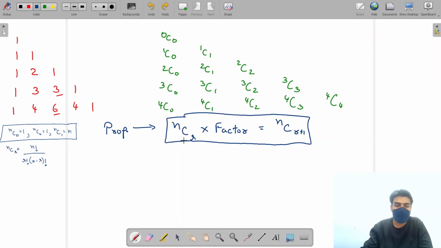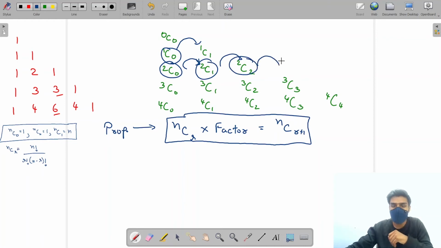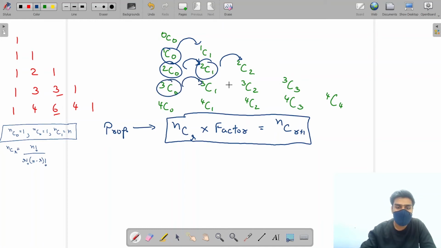Very simple. So NCR, when multiplied by a factor, gives NCR plus 1, which means if I have 1C0, I can create 1C1. If I have 2C0, I can create 2C1. If I have 2C1, I can create 2C2. If I have 2C2, we don't have to create 2C3 here. If I have 3C0, we can create 3C1, then 3C2, then 3C3. Alright, so by this method, which is the fast, optimized method, we can find the elements. I hope you understood till now.